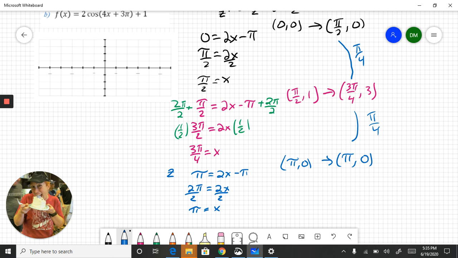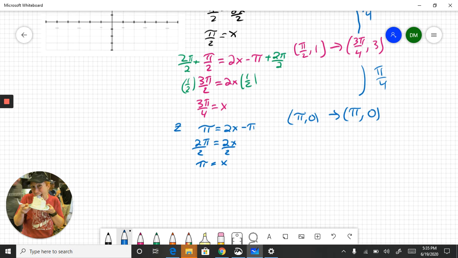All right, moving on, we have 2 more key points to go. So 3 pi over 2, which is going to be one of my minimums, equals 2x minus pi. I'm going to add 2 pi over 2 again to both sides, and I'm doing this so I'll have common denominators.